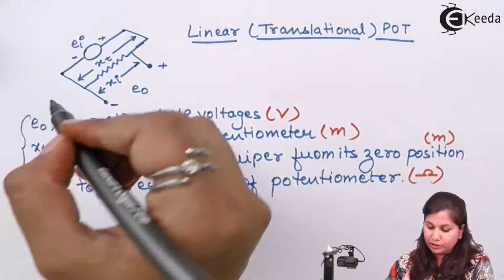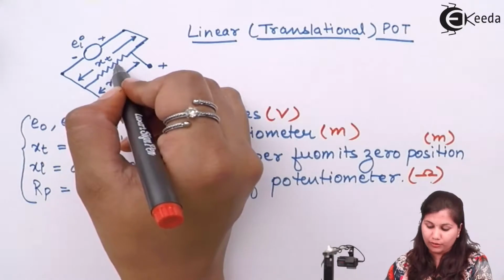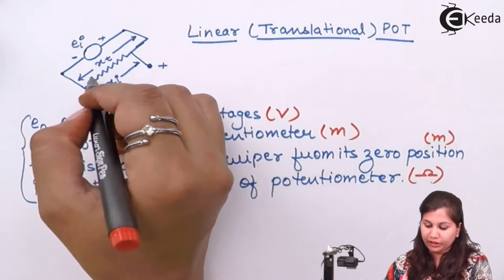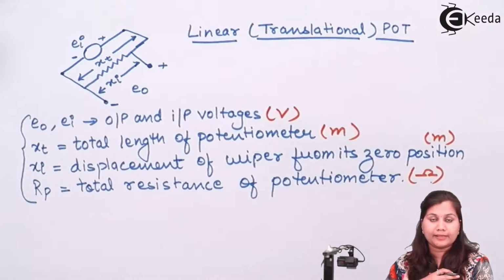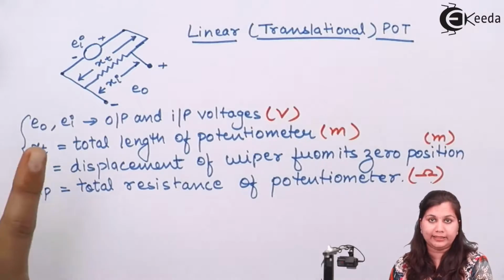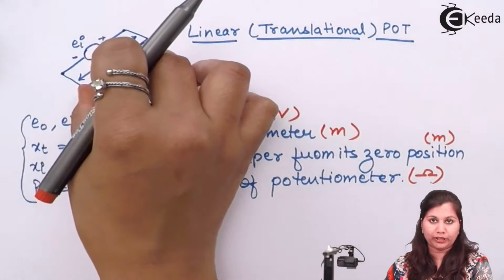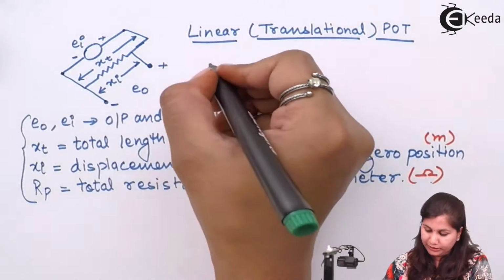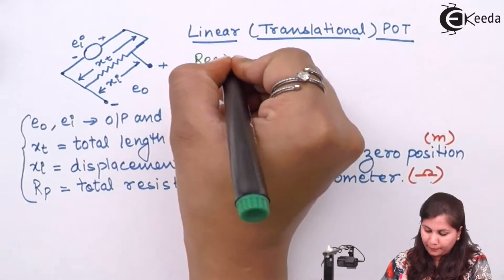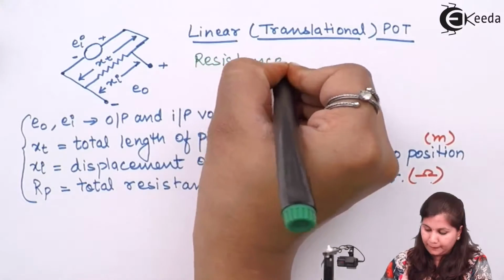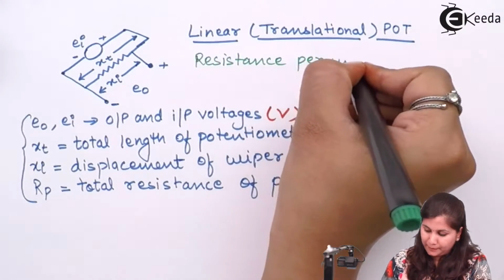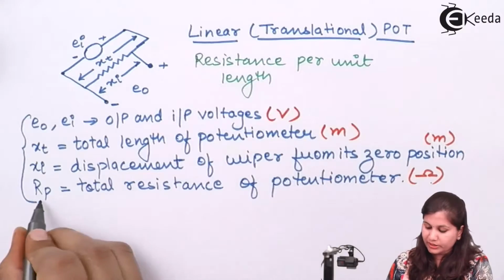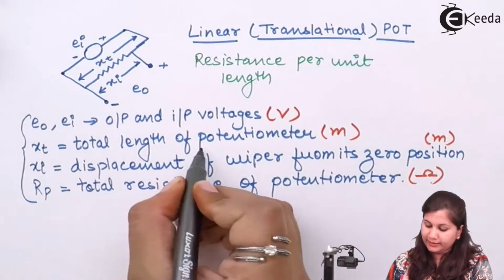Now if we consider that the resistance is distributed linearly over the entire length of the potentiometer, and we want to find the resistance per unit length: the total resistance is Rp and the total length is xt.